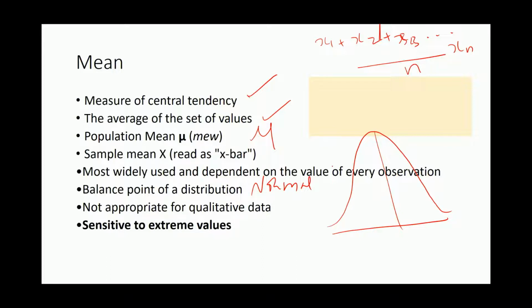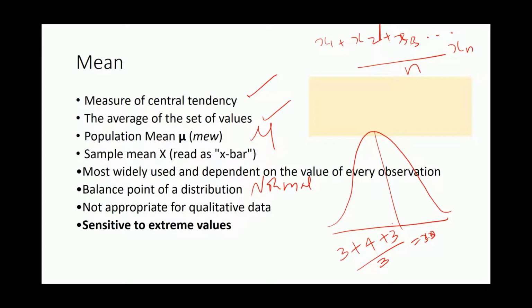And the most important thing is the mean is sensitive to extreme values. Suppose there are three values: one is 3, another value is 4, and the third person's value is again 3. So 3 plus 4 plus 3 gives 10, and if I divide it by 3, you will get around 3.3.